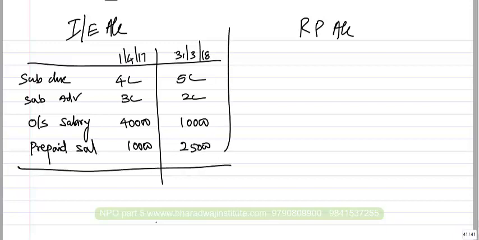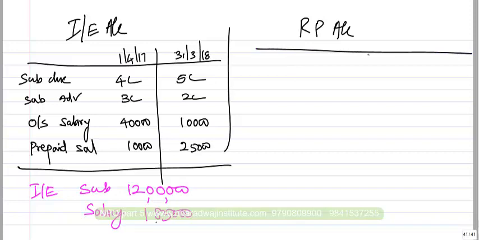And they have given as per income and expenditure account, subscription 12 lakhs. Salary 1,85,000. This is as per which account? Income and expenditure account. Now, in the receipts and payments account, we have to record only what? Collection and payment.